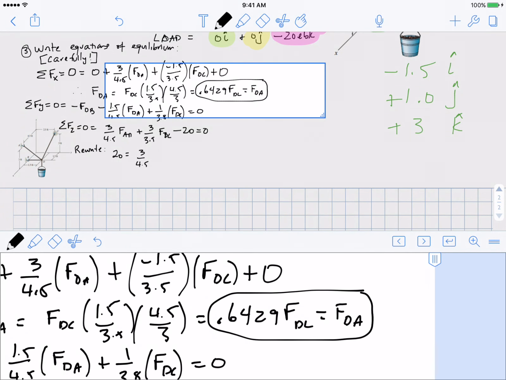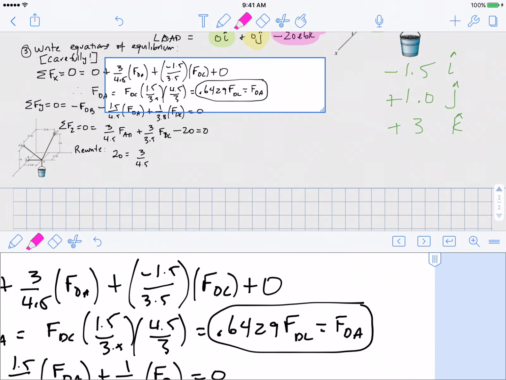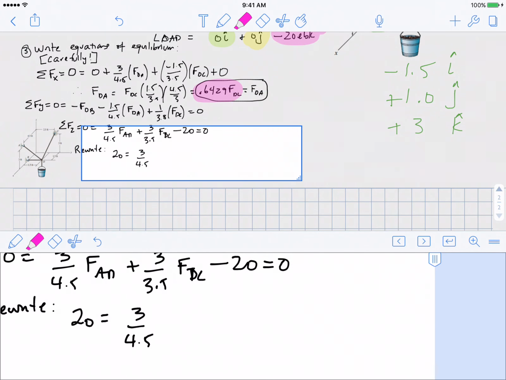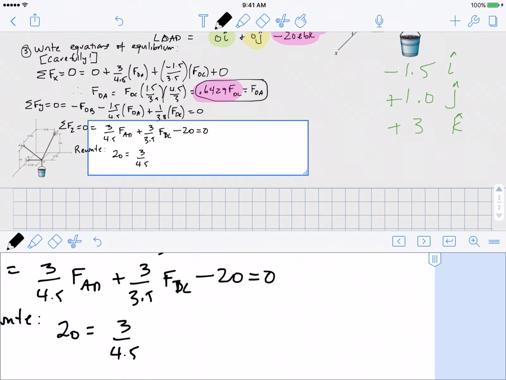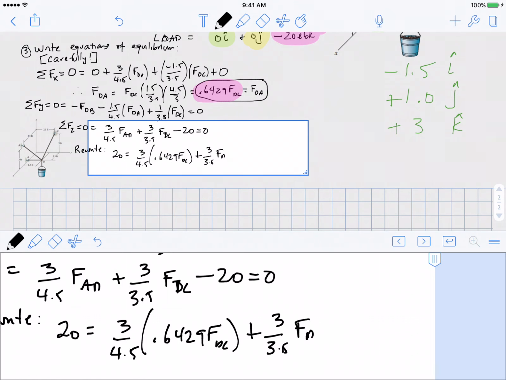I'm going to use the fact that we've already worked out that FDA is equal to this. So I'm going to plug that in right there. And so here I am putting in 6.6429 FDC, because that's equal to FDA. And now I have my 3 over 3.5 FDC.